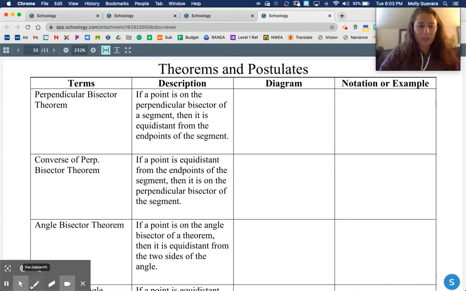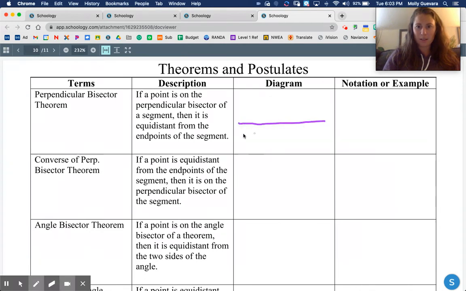A couple things that we have to review. We learned about perpendicular bisectors first semester, but just as a review, if I have a line AB, and I have a perpendicular bisector, I'm going to label it CD.